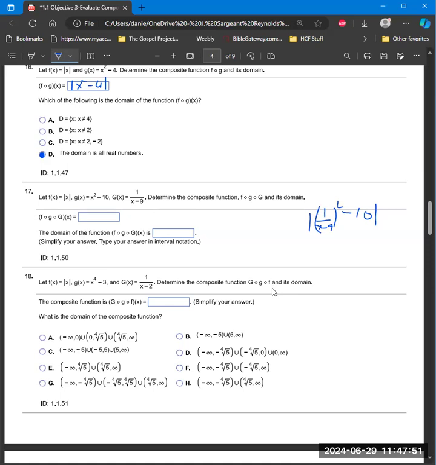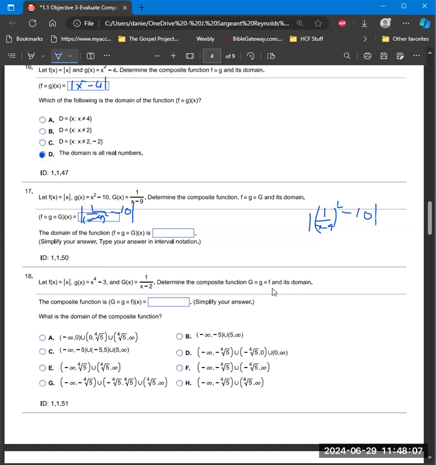So this is the absolute value of 1 over (x minus 9) squared minus 10, like so, is my composition. And then we're asked to find the domain of that.